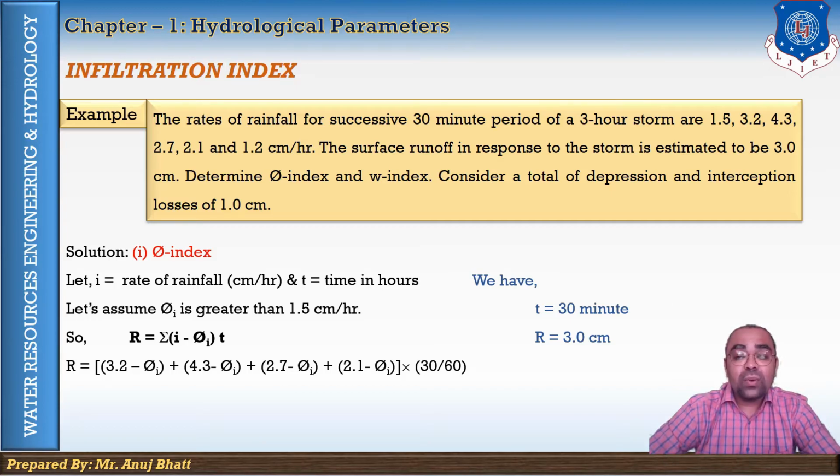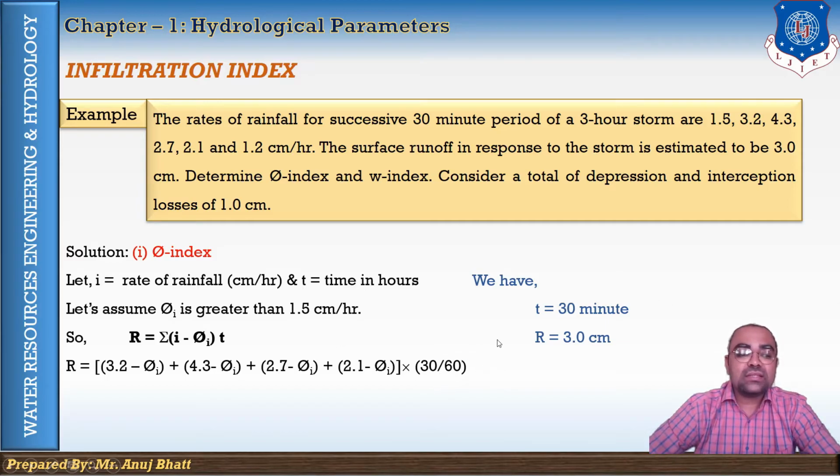So 1.5 and the values below 1.5 will be neglected from this calculation. We are not taking 1.2 into consideration because it is below 1.5. And T is in minute, that is 30, so we have to convert it into hour.